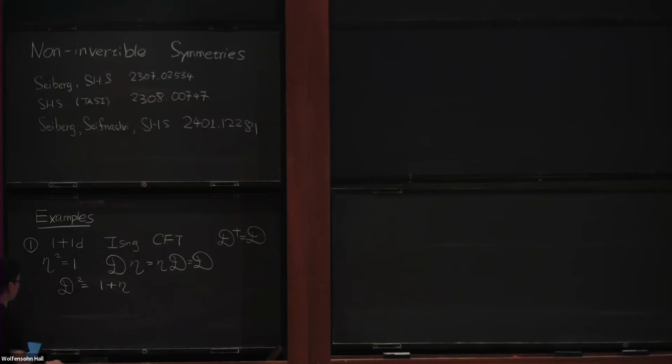Okay, as I say, if this is the first time you see it, that's totally fine. The rest of the lectures will be self-contained. But I would say this is one of the simplest, arguably the simplest example of a non-invertible symmetry in continuum quantum field theory.